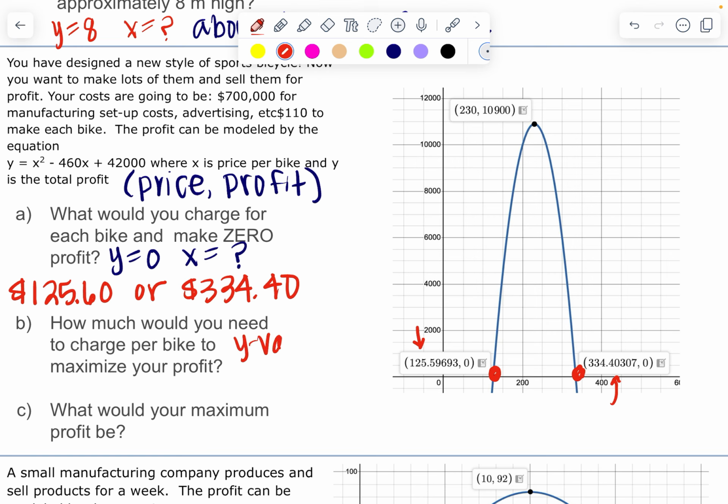How much would you need to maximize your profit? So again, that's the Y value of the vertex. Sorry, the maximum profit is the Y value of the vertex. They want to know how much we're charging per bike. So that's the X value of the vertex.